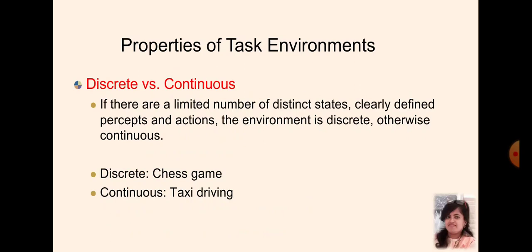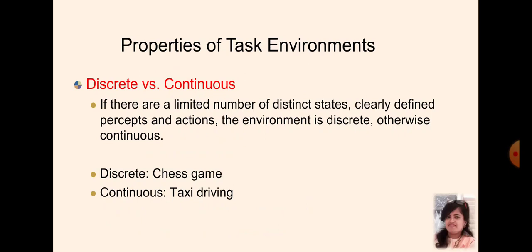Next, we are going to talk about the discrete versus continuous environments. If there are a limited number of distinct states, clearly defined percepts and actions, the environment is discrete. Otherwise, the environment is continuous. For the discrete, an example is the chess game.